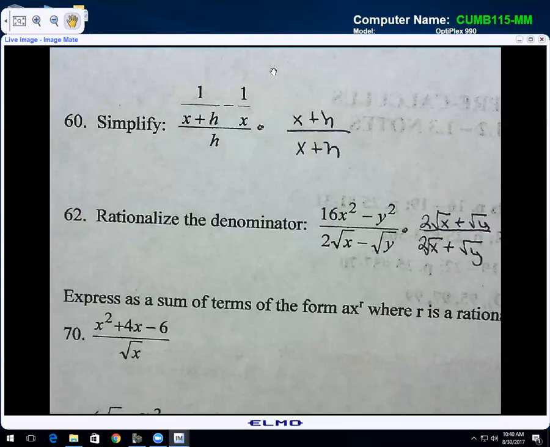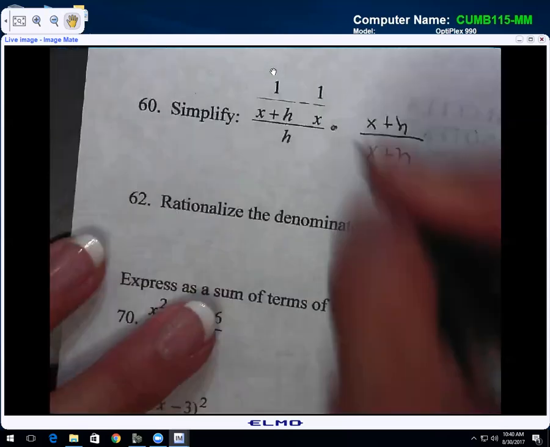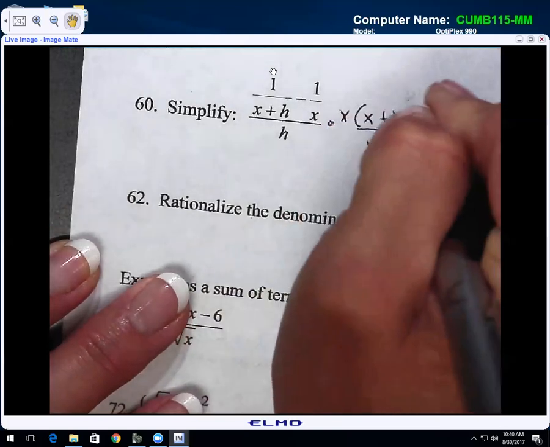No, that X is a term, you couldn't cancel them, so that can't be the whole LCD. The LCD has to have both the X and the X plus H. Good job on that. X times X plus H.